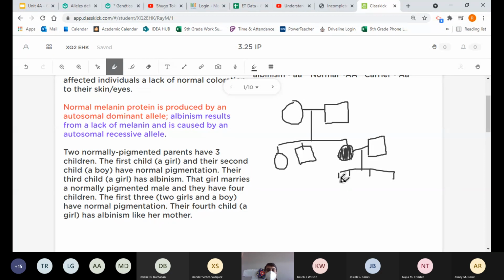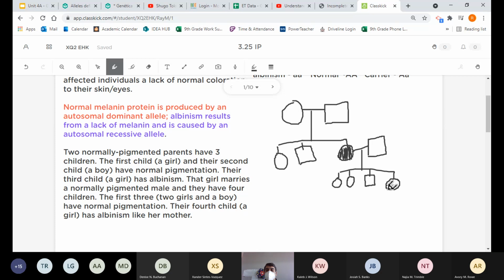The first 3, 2 girls and a boy, have normal pigmentation. Their fourth child, a girl, has albinism.